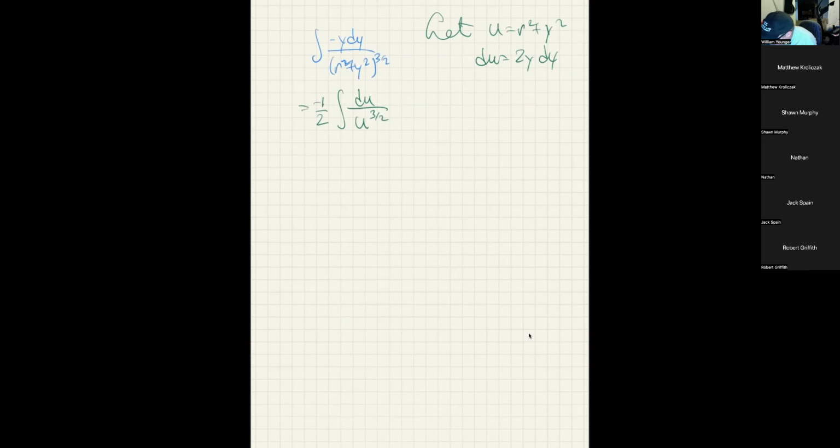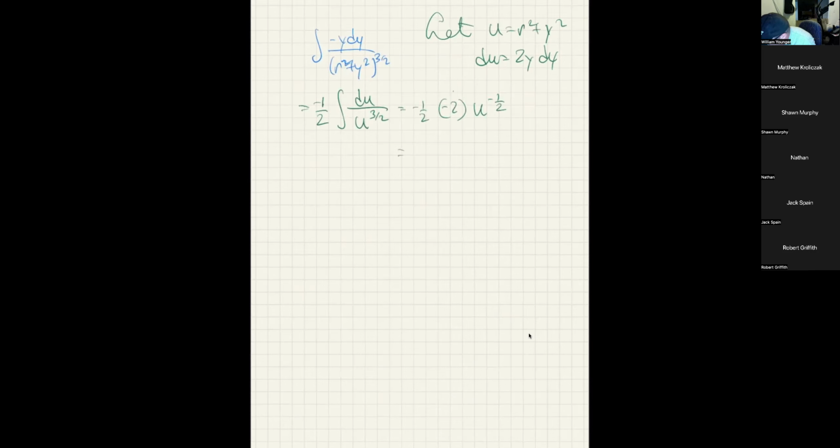Now that's easy enough. That's negative 1/2 times the integral of du times u to the negative 3/2, which is basically negative 2 times u to the negative 1/2.